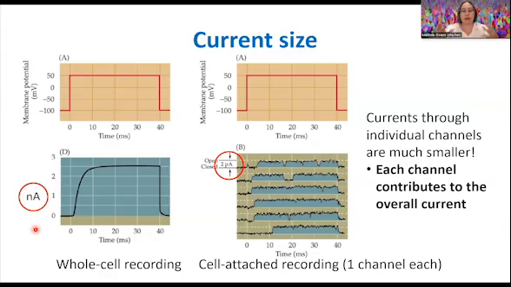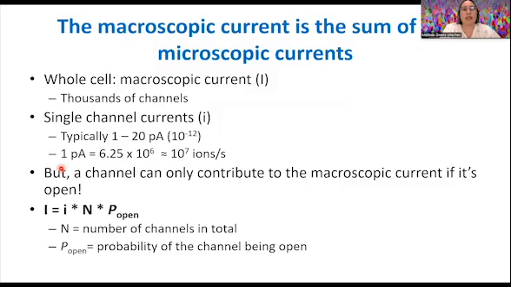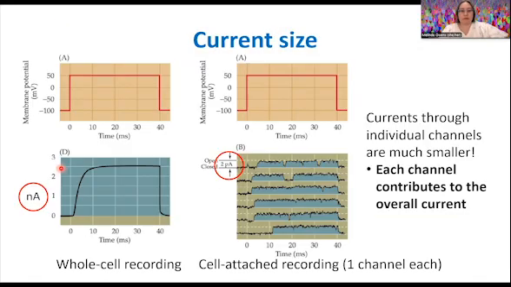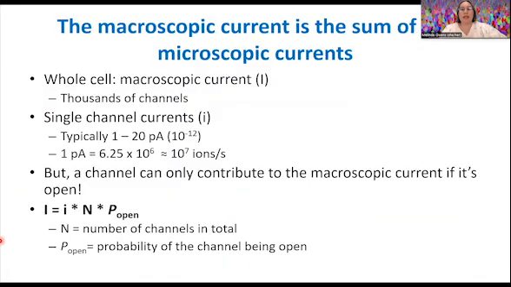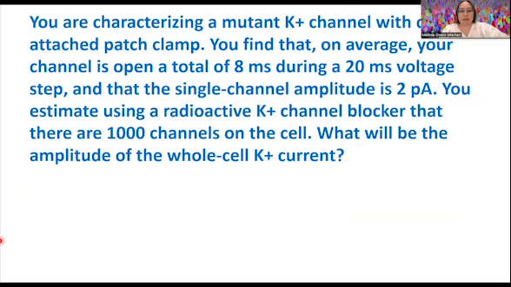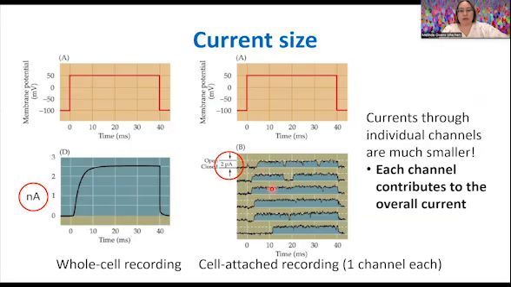And so, putting it all together, how do you get this overall current from this one? Well, it's pretty straightforward. At any given point, you just add up the currents of all the individual channels, and that gives you the whole cell current through that type of channel. And so the macroscopic current, meaning the whole cell current, is the sum of the microscopic currents, the individual channel currents.